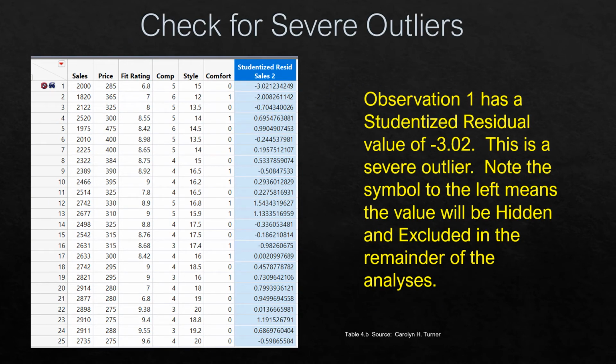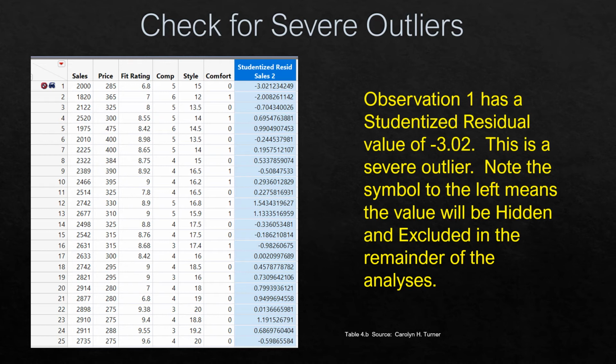So here's where we look at the outliers. We go to studentized residuals in the JMP output, and lo and behold, observation 1 is a severe outlier. Its value is negative 3.02. So we go over to the left-hand side, right-click on observation 1 there, and say hide and exclude in JMP.